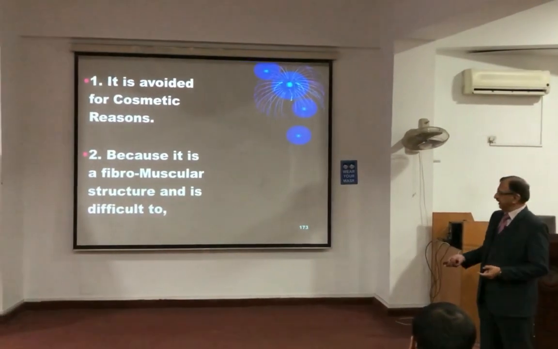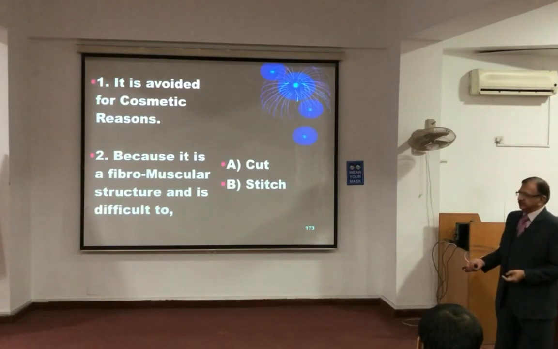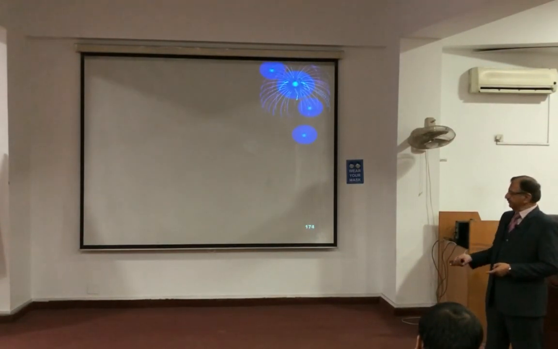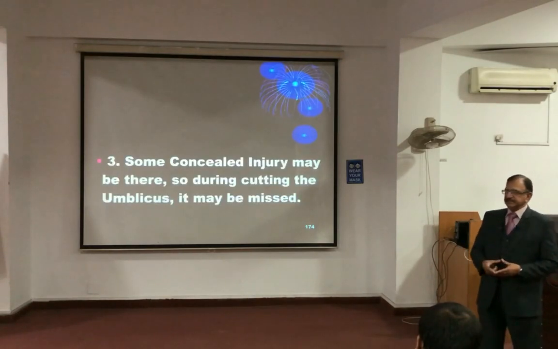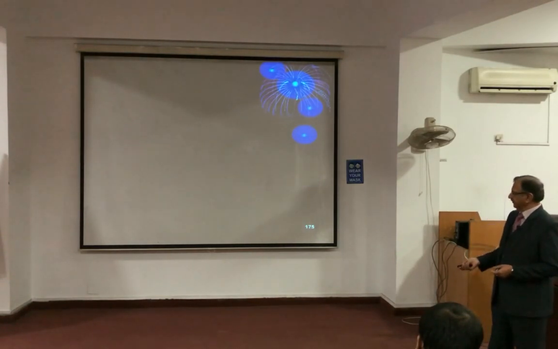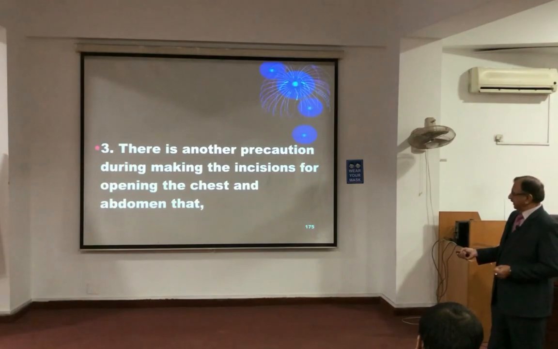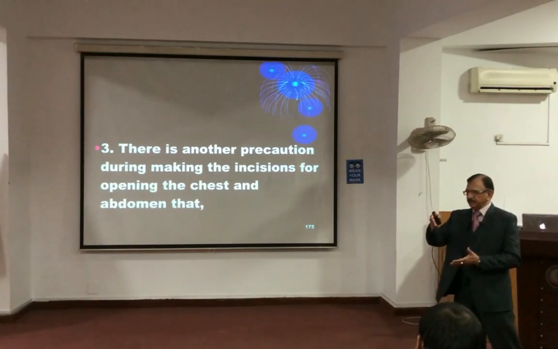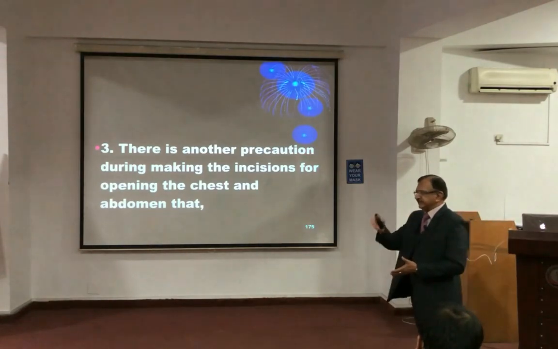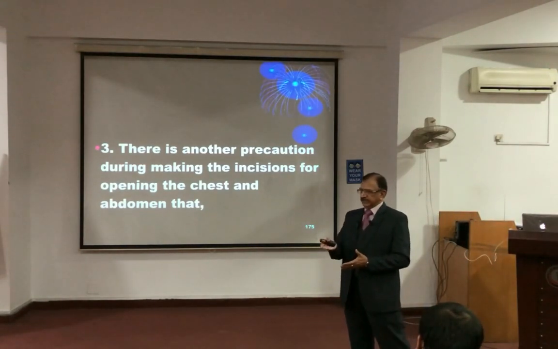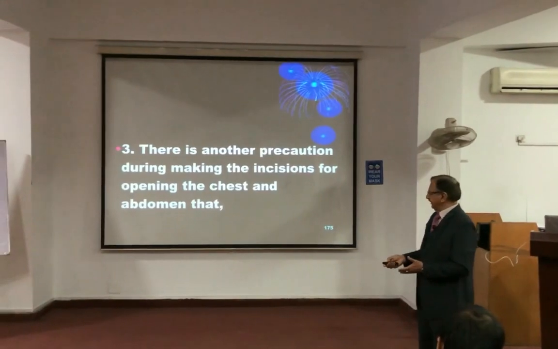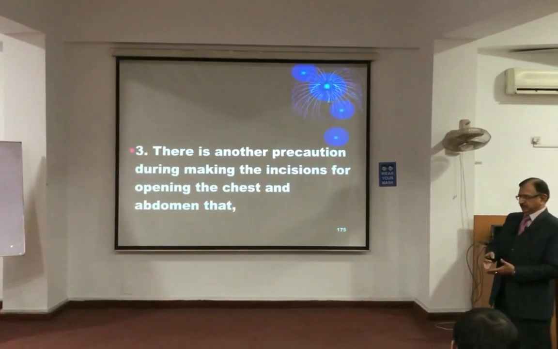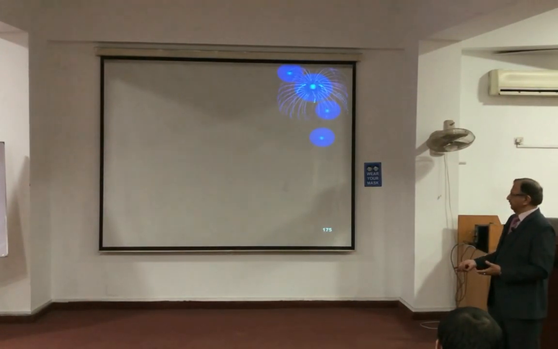It's difficult to cut, difficult to stitch, and will cause disfigurement. And most important, there will be some concealed injury. Another precaution is that if you find any injury in the pathway of the incision, you should avoid that. You should not extend that injury. You should not cut that injury.